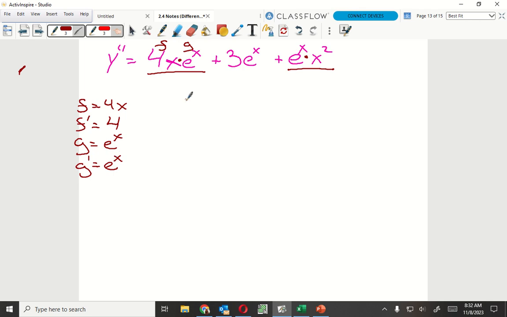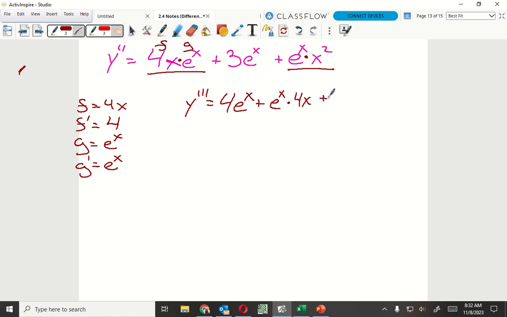So this is going to give me y triple prime, my third derivative: f prime times g, which is 4 e to the x, plus g prime e to the x times f, which is 4x.